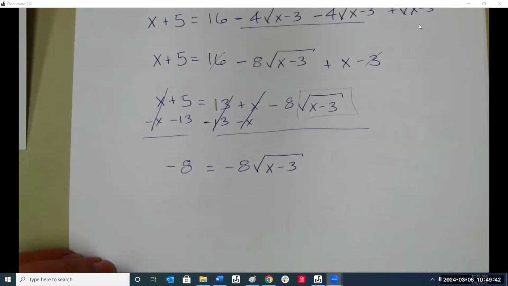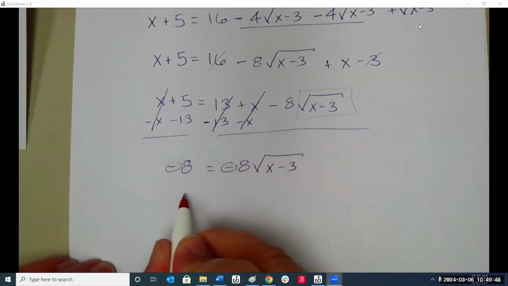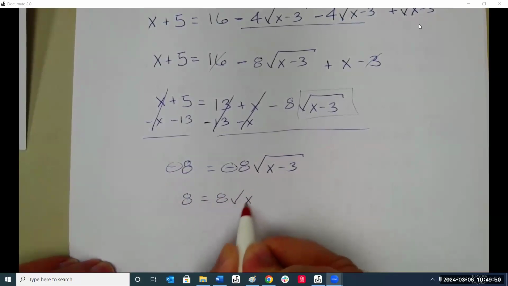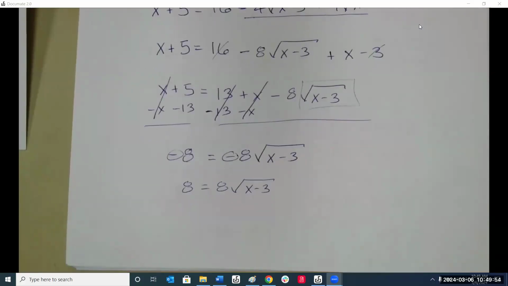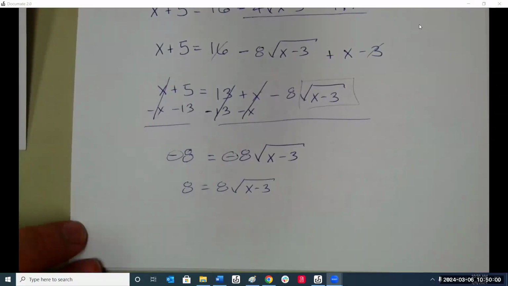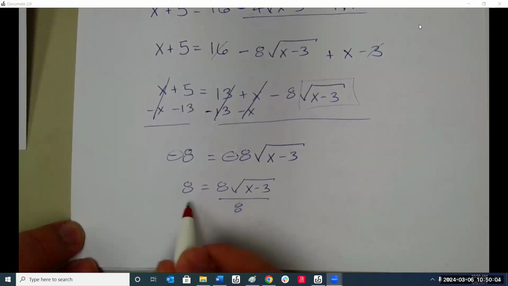Never divide by a negative. Change the signs. I know when you do this on your own, you're going to divide by negative 8. I know you've been taught most of your life to do that. Now we have to get rid of the coefficient, so we divide by 8 on both sides.